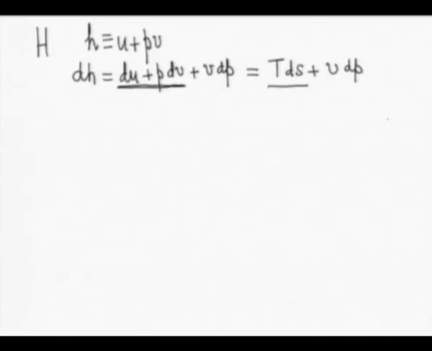So this tells us that S and P are the most convenient variables for enthalpy.